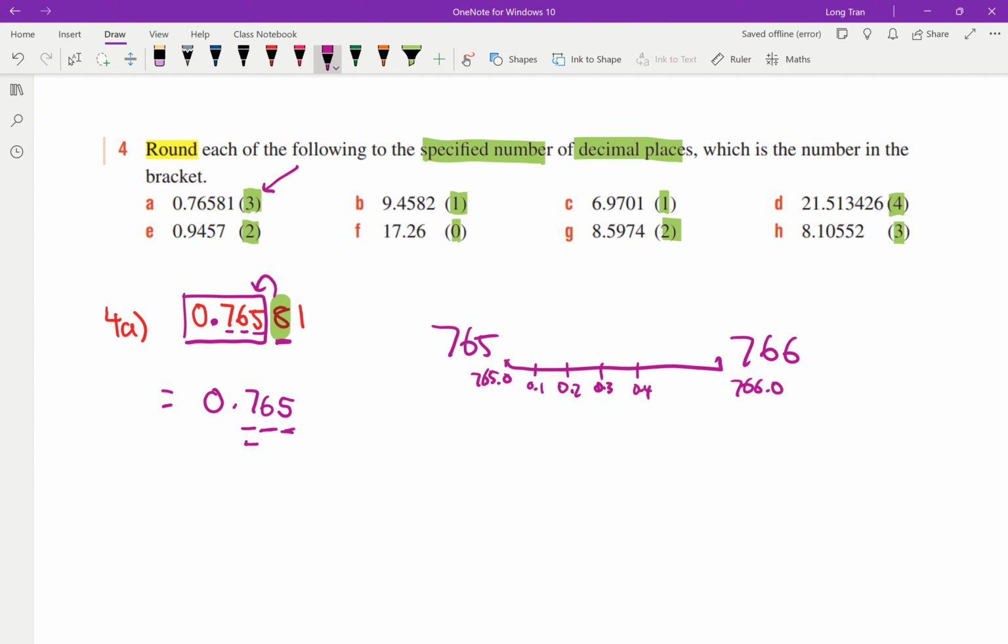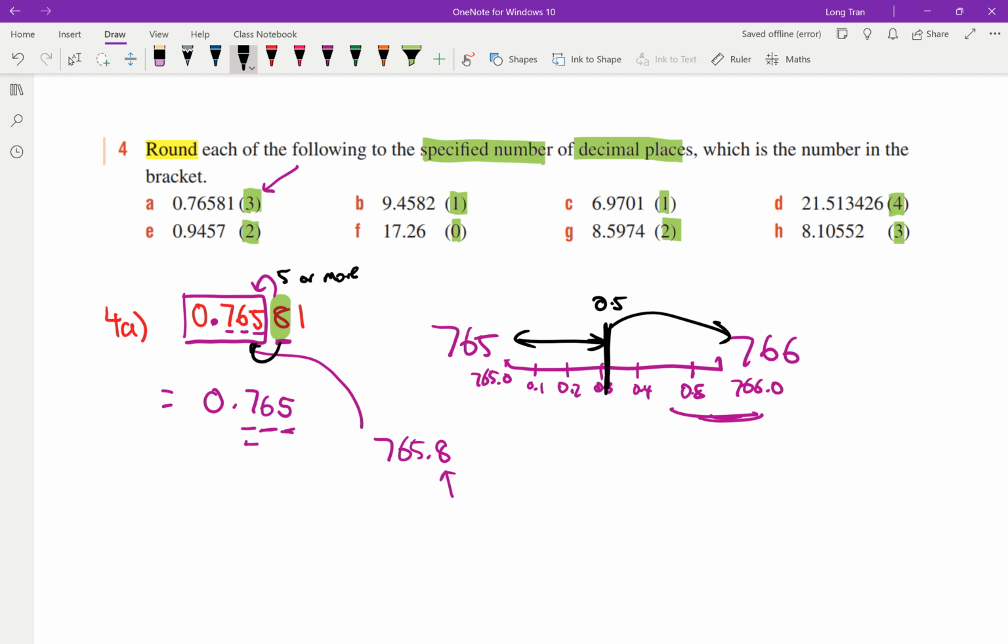So when you say that this is technically 765.8 there, where is 0.8? See, 0.8 is closer to the 766. That's why we normally say in mathematics, we say if it's 5 or more, round up. Okay, and the reason why is because 5 or more, 5 would mean it's at 0.5. That's halfway already.